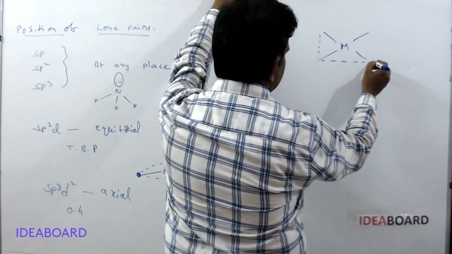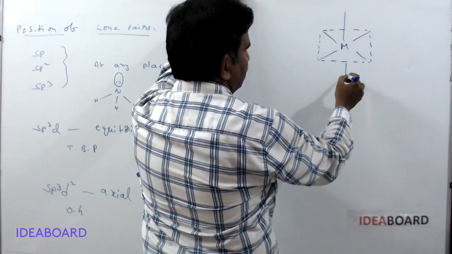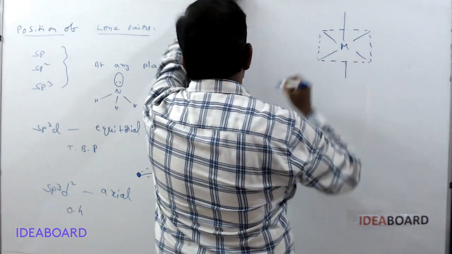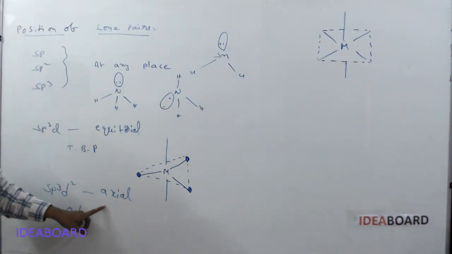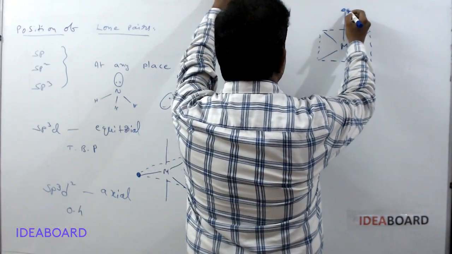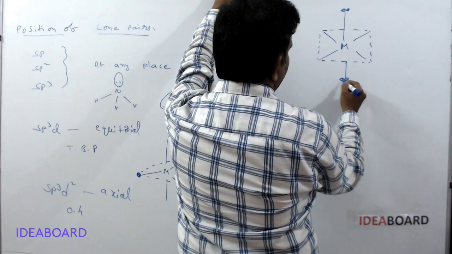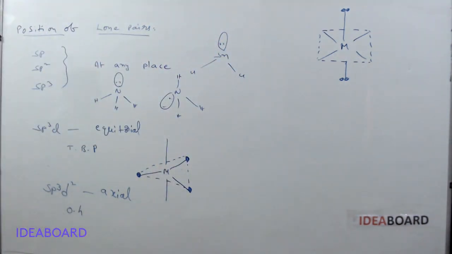These are the four bonds which are present in one plane. Above the plane one bond, below the plane another bond. And here in sp3d2 hybridization, the lone pairs must occupy only the axial position. Axial position means this is axial or this is the axial position. Never write at the equatorial position. Suppose if one lone pair or two lone pairs are present, you must write at axial positions.